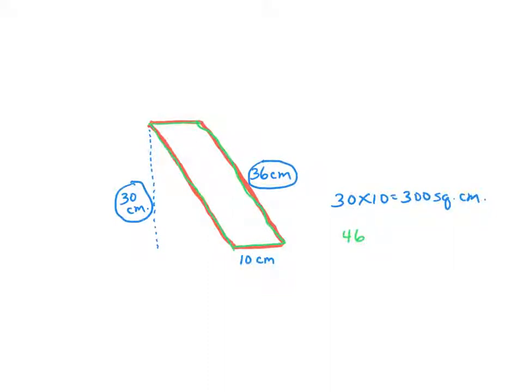So I would just be adding another 46 to that, or I would be doubling that. 6 times 2 gives me 12. 4 times 2 gives me 8, plus 1 gives me 9. So this would be 92. And once again, it would just be 92 centimeters. It's not 92 square centimeters. You use the word square when you're giving the answer to an area problem.